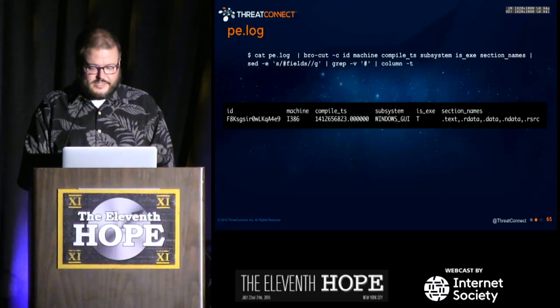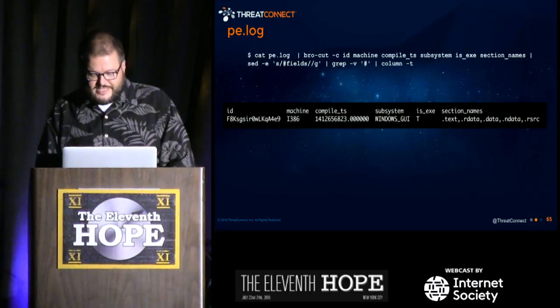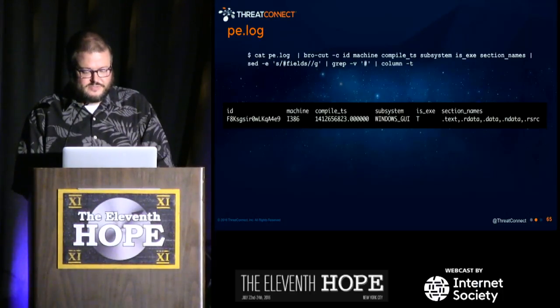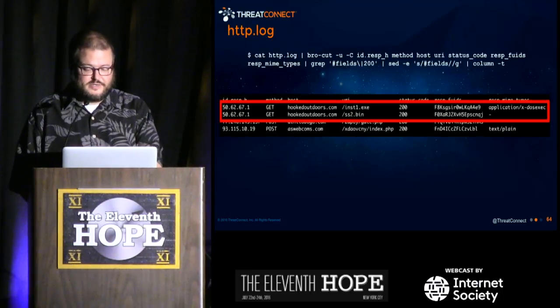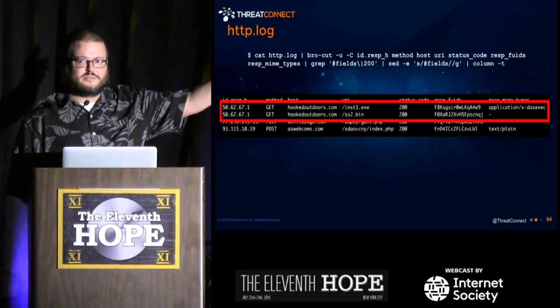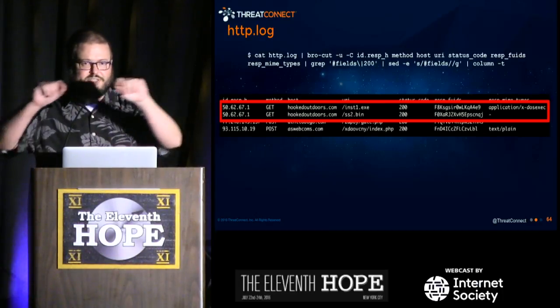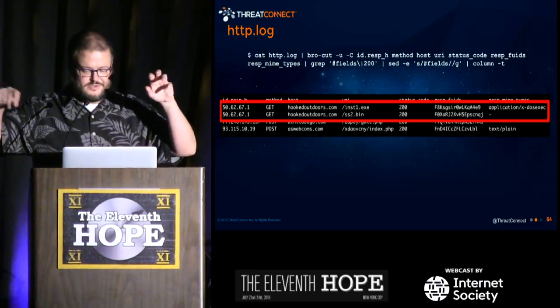Let's look at the first one. This is the log from Bro called the PE log. PE log gives you some really good information. By the way, you'll see here the F8K, that first one. This is the awesome thing about Bro: it allows you to connect log to log using UIDs or IDs.